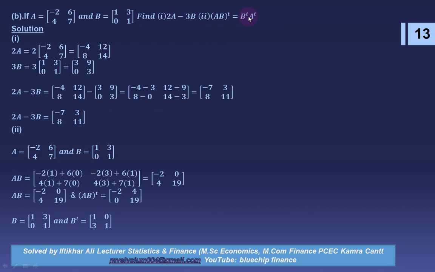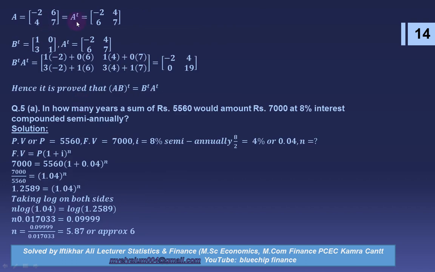Now B transpose multiplied by A transpose. First of all, we need to take the transpose of B, just change the order of the matrix, and similarly A transpose equals the change of the order of the matrix A. So now we have two matrices, B transpose and A transpose, and we simply multiply these two.